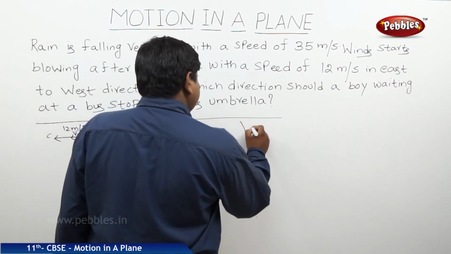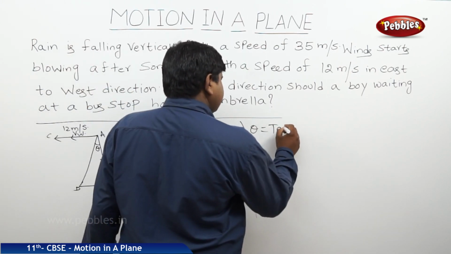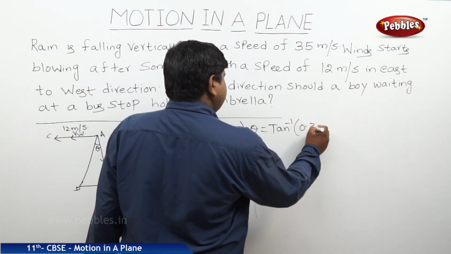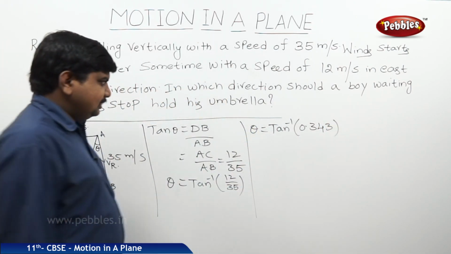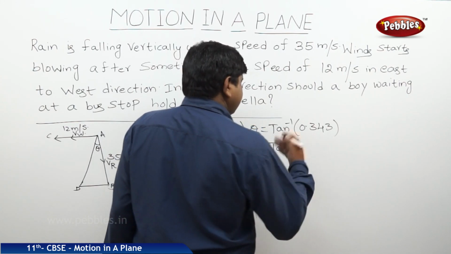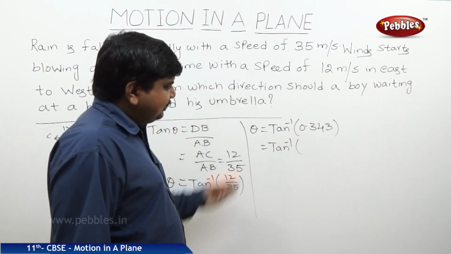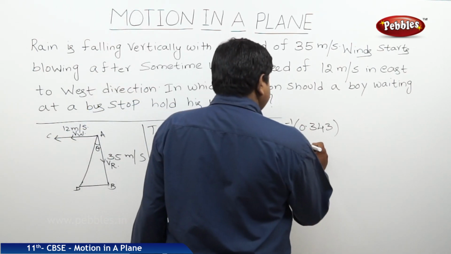So, theta is equal to tan inverse 0.343, because 12 by 35 will get 0.343. So therefore tan inverse, by using the Clark's table and logarithmic table, 0.343 is nothing but tan 90 degrees.